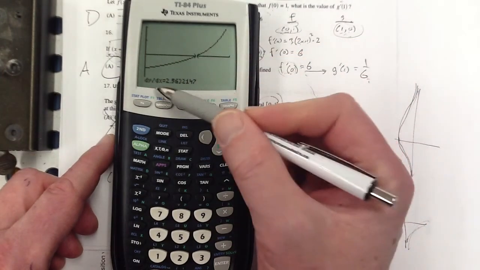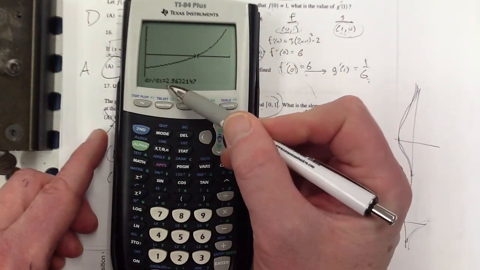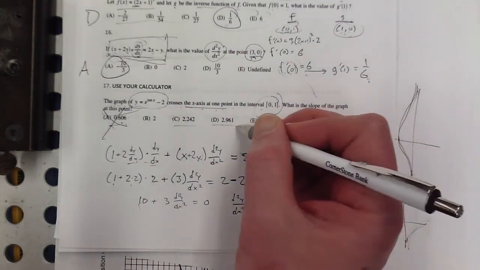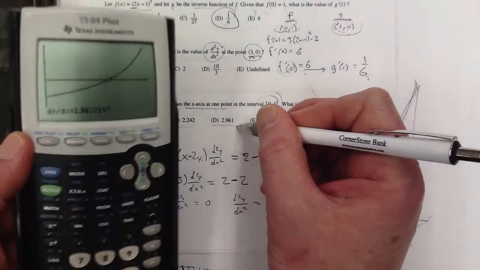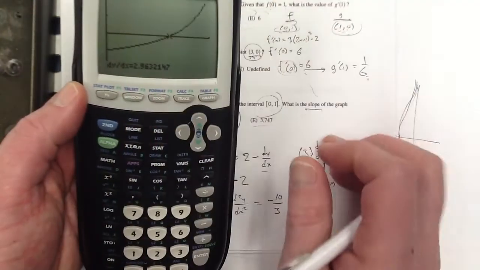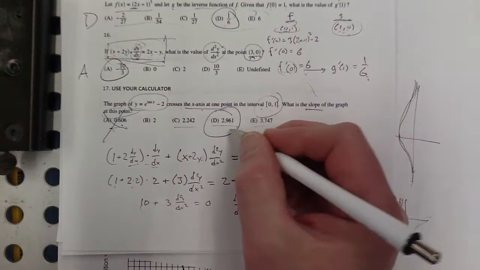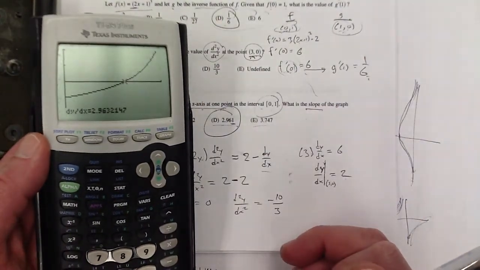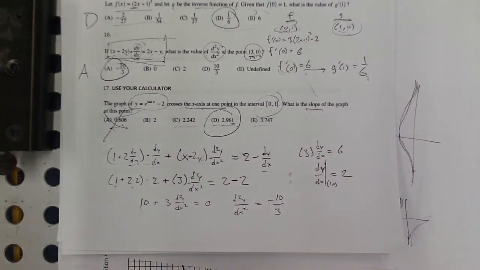And then it tells me that the slope right there is 2.963. Oh, 2.961. So the calculator, when it does this, approximates things by number crunching. So I'm pretty confident that this is just a calculator error and not anything that I did wrong. All right.